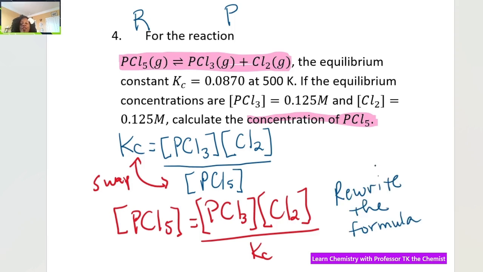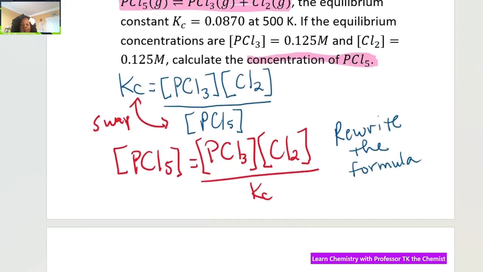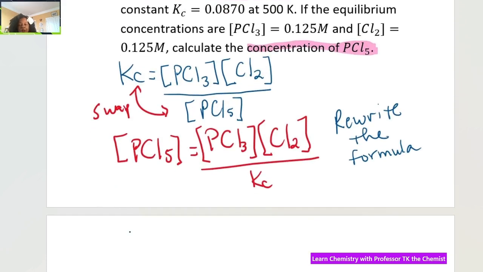Now we use the new formula with the numbers that are given. PCl5 equals, let's go up to our numbers to see what we were given. We're given PCl3, Cl2, and Kc.